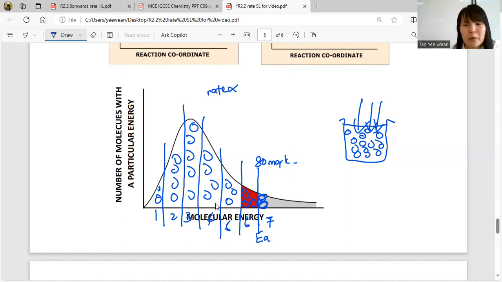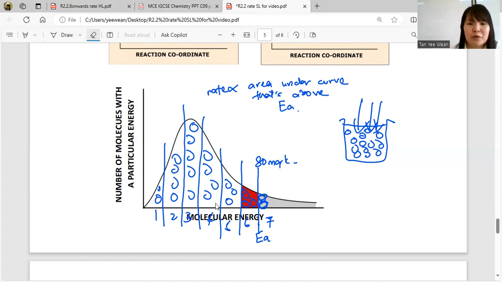Rate is proportional to the area under the curve that's above activation energy. So the ones that get 7, those are the ones that reacted. And rate of reaction is proportional to how many students are above the activation energy, or above 80 marks.